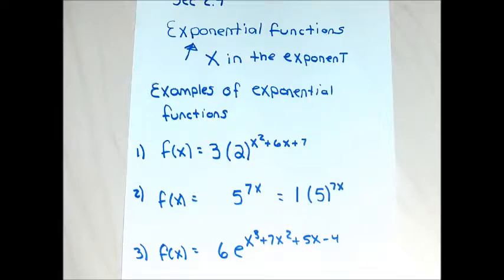To find the derivative of an exponential function, you simply multiply the coefficient by the derivative of the exponent times the natural log of the base, and that's probably too fast.